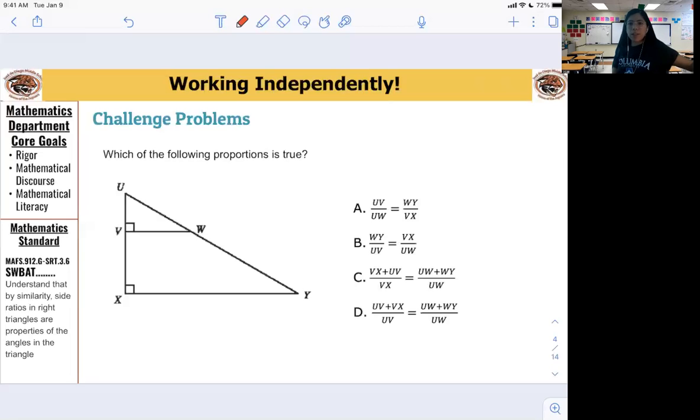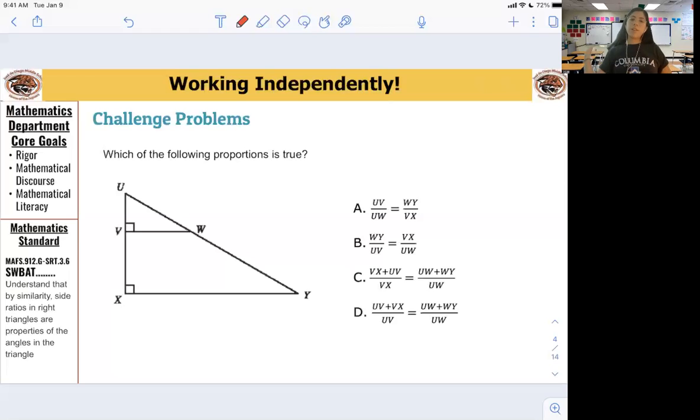Okay, I've got 4 votes in. I'm waiting on 4 more. Good, I have 7 answers in.